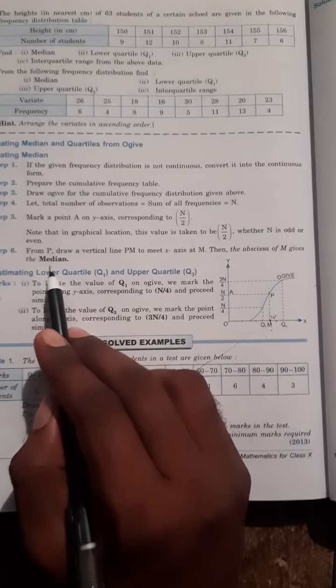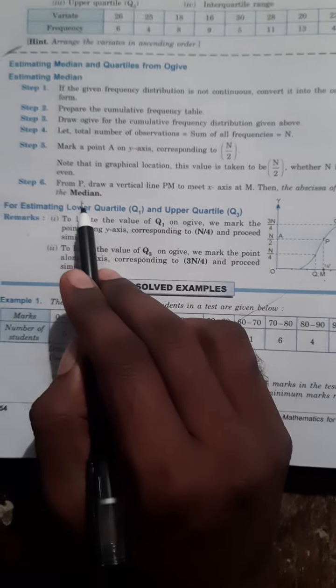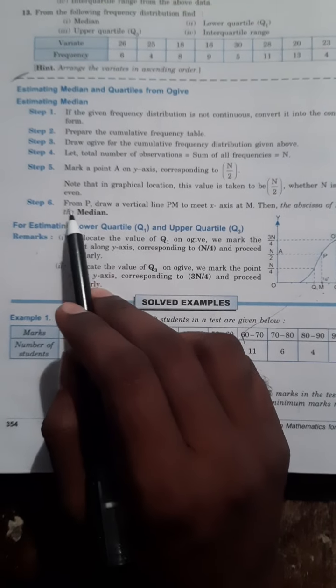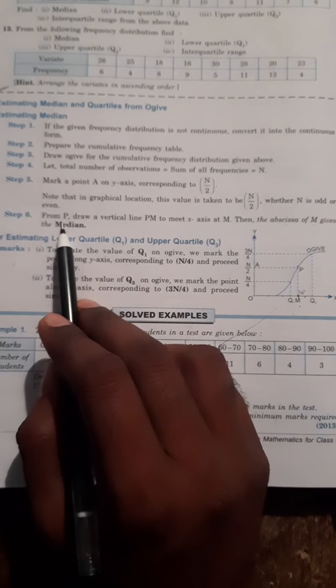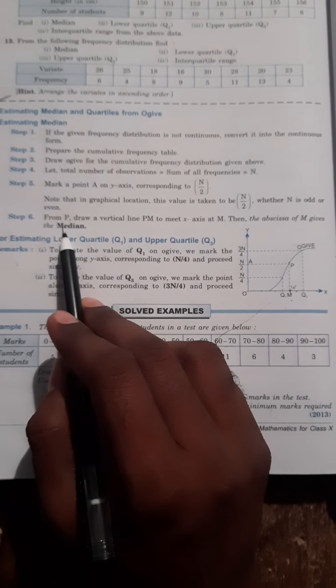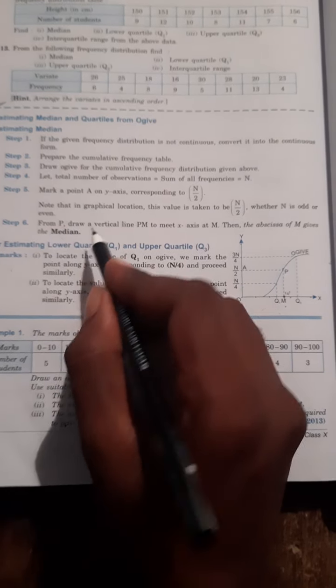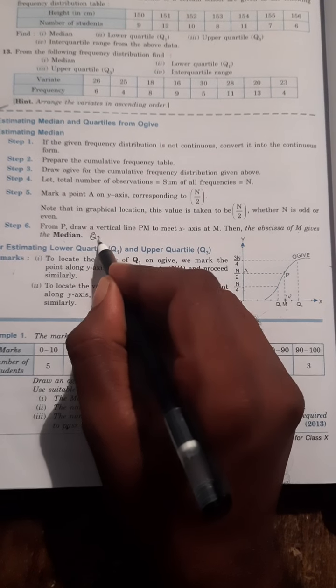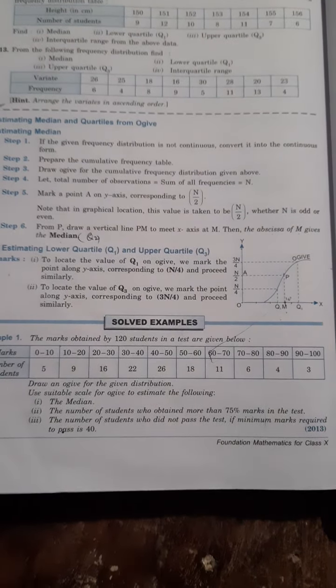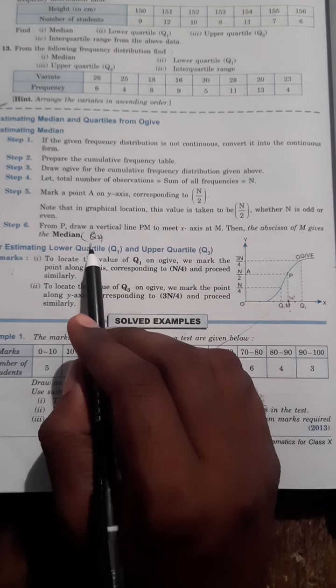So in this way we can find the median easily. This is the sixth step, which gives you the median. This median is also called Q2.